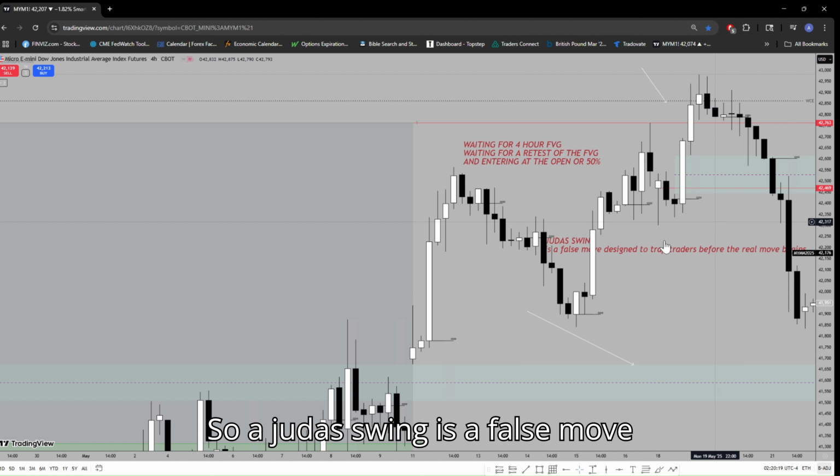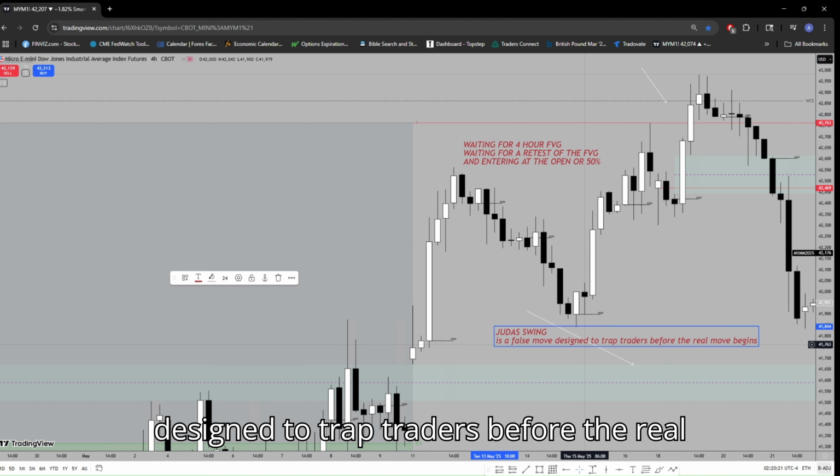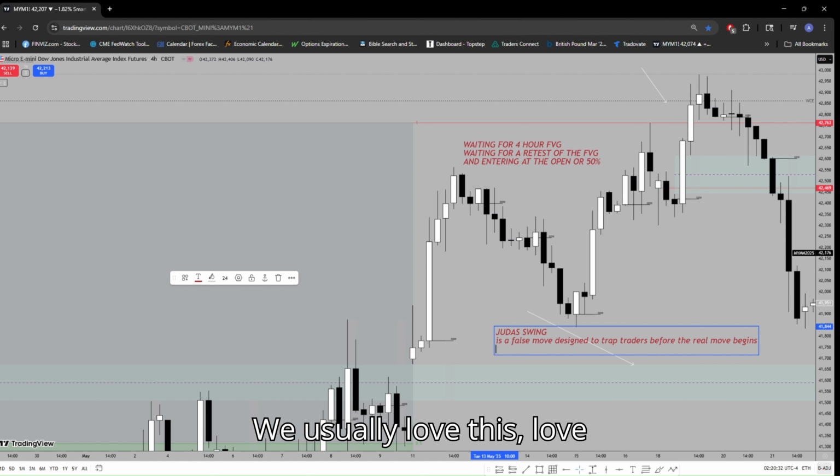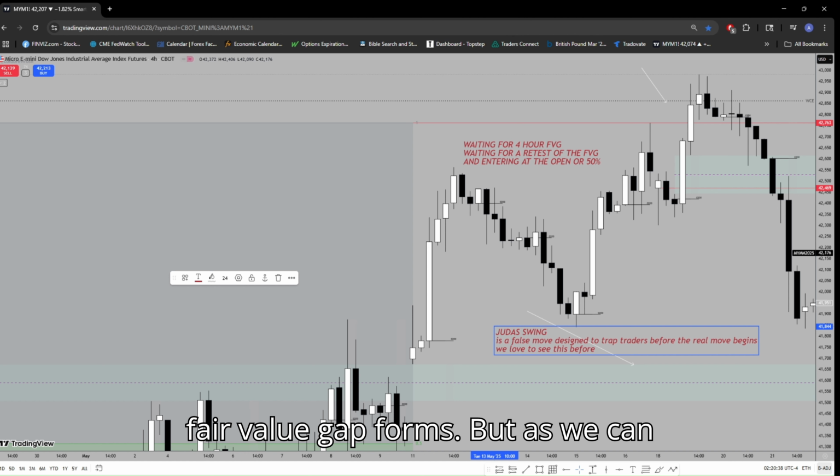So a Judas swing is a false move designed to trap traders before the real move begins. We usually love this. We love to see this before our fair value gap forms.